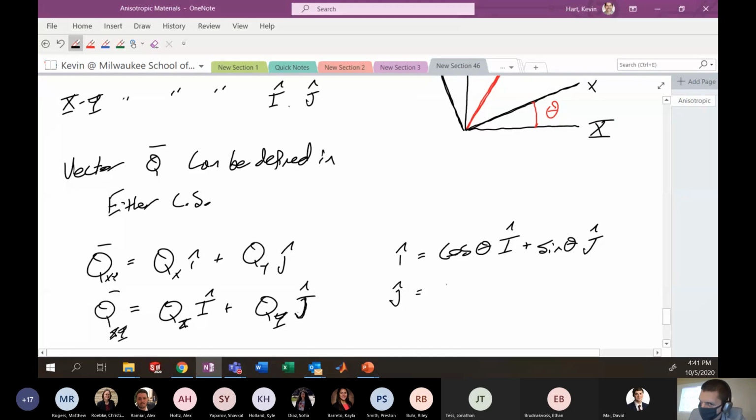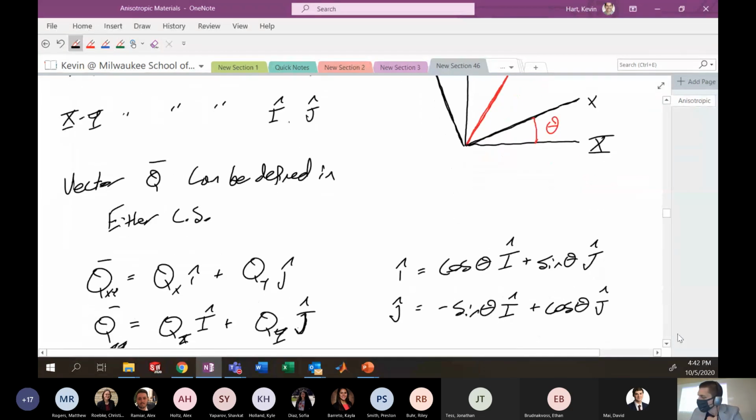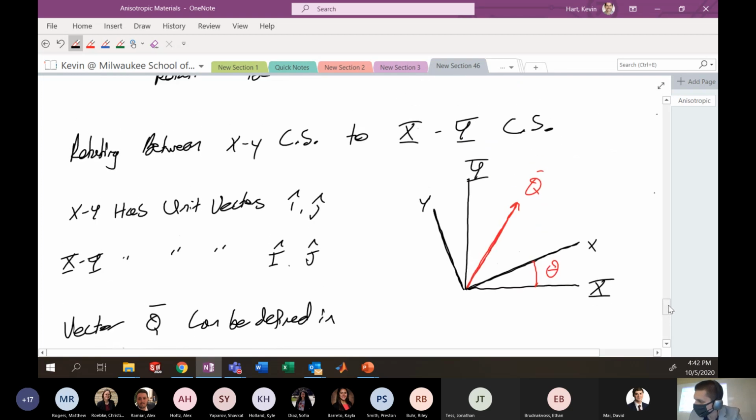You might have little j, negative sine theta cap I hat plus cosine theta cap J hat, okay? That's like writing this guy here in terms of this and this.